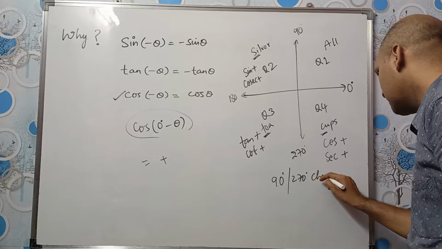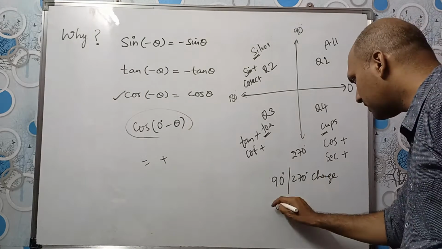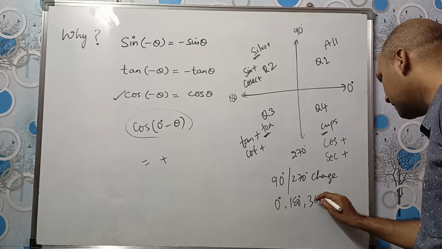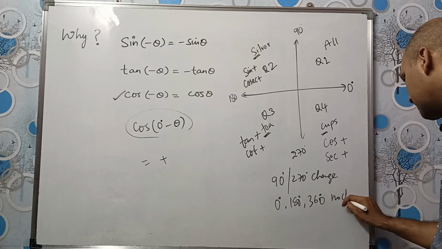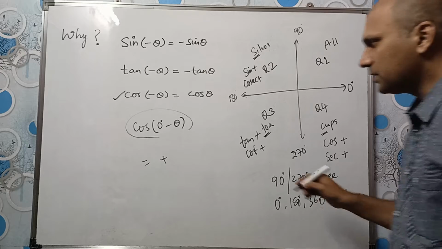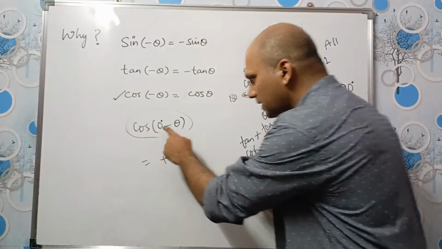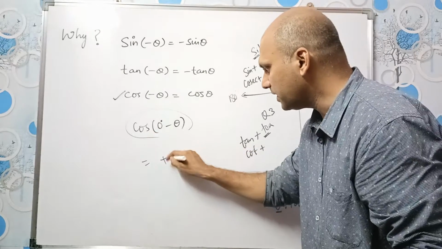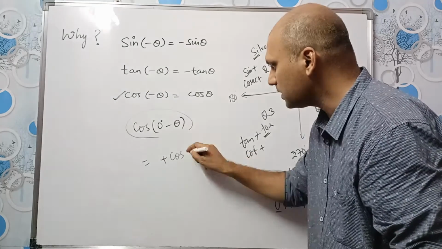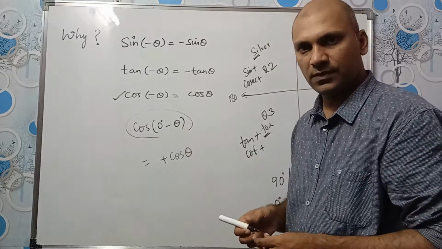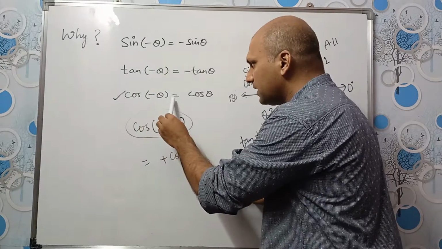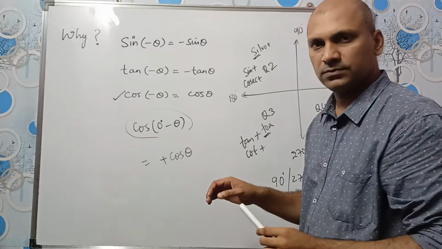And for 0 degrees, 180 degrees and 360 degrees, there is no change. So cos, here we have 0, so no change. Cos will remain cos only, so it will be cos theta. I hope this is clear. Cos minus theta is equal to cos theta.